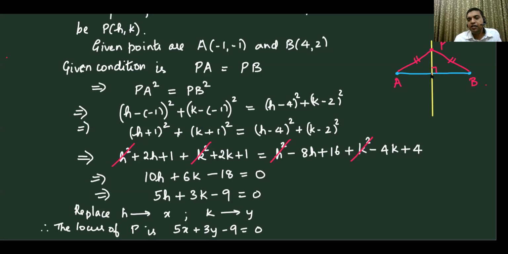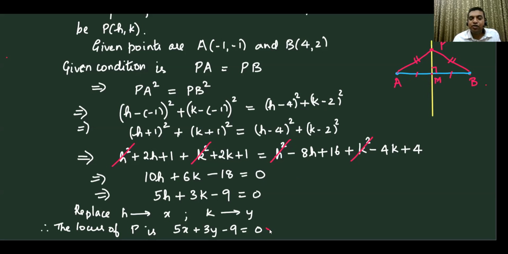Let's say the foot of this perpendicular is M. Then AM will be equal to MB, and given that PA is equal to PB, and this angle is 90 degrees, they are congruent triangles. So any point on the perpendicular bisector of a line joining AB will be equidistant from A and B.